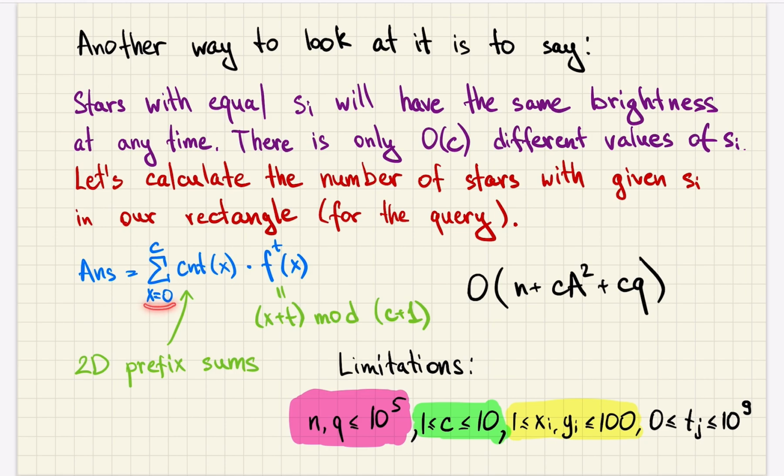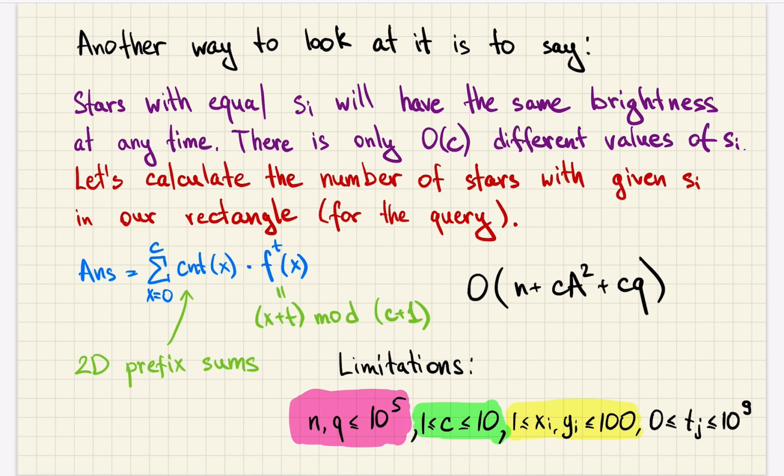We try all the brightnesses, we calculate the number of stars with that initial brightness in the rectangle, and for each of them, their brightness at moment t is given by applying function f t times to x. We know that it's x plus t modulo c plus 1.